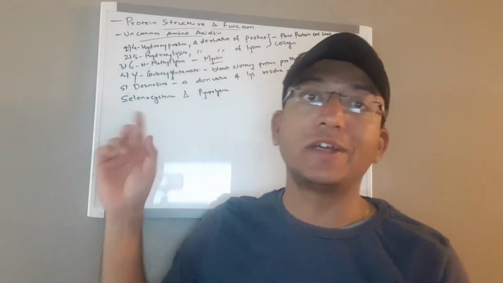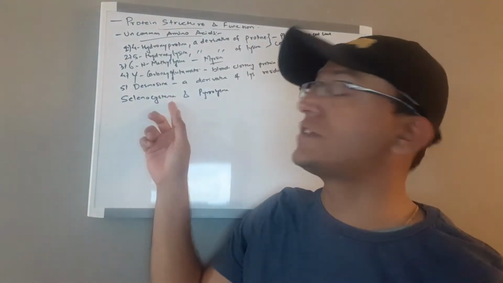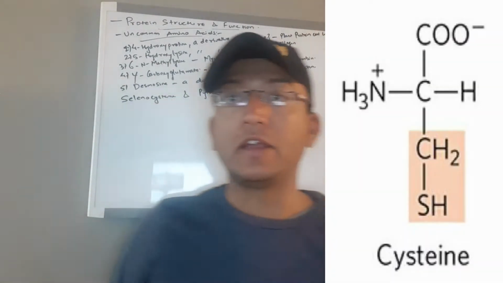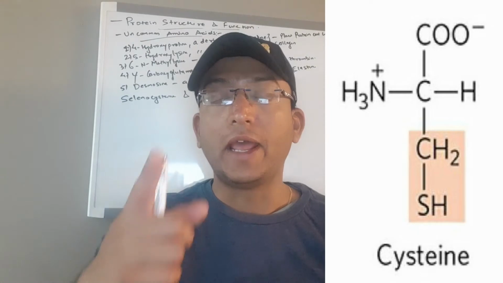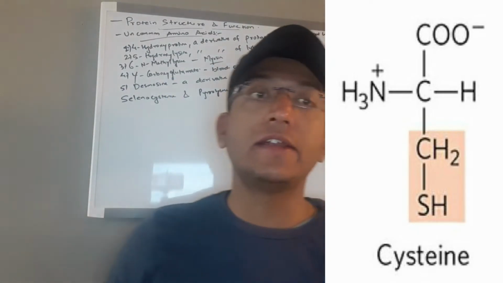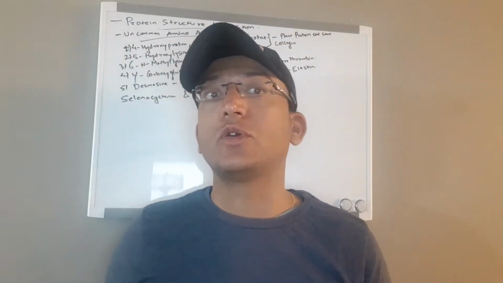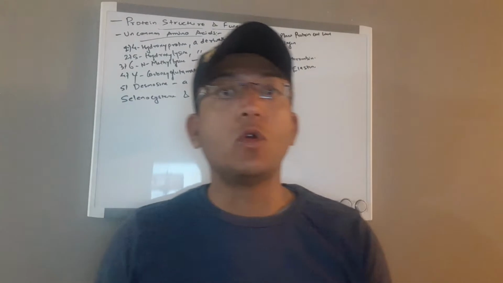Because selenocysteine contains selenium rather than the sulfur of cysteine. Cysteine has sulfur. If you see the picture, that's the structure of cysteine and it has sulfur. But instead of sulfur, this contains selenium, and it is actually derived from serine. Selenocysteine is a constituent of just a few known proteins.